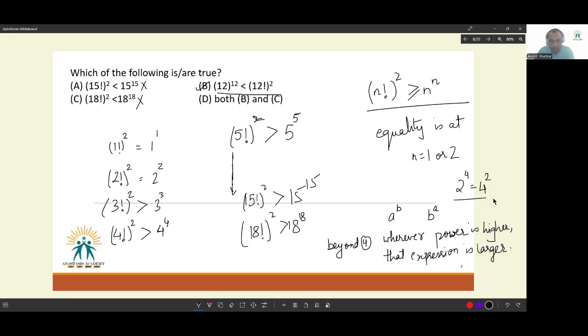And where this is not true is, let's say, 2 cube and 3 square. Although this has a higher power, it is less than 3 square. But beyond this point, beyond 2 raised to the power 4 and 4 square, look at any two numbers. Let's say 71 raised to the power 2 and 2 raised to the power 71. This will be larger. Wherever the power is larger, that number will be larger.